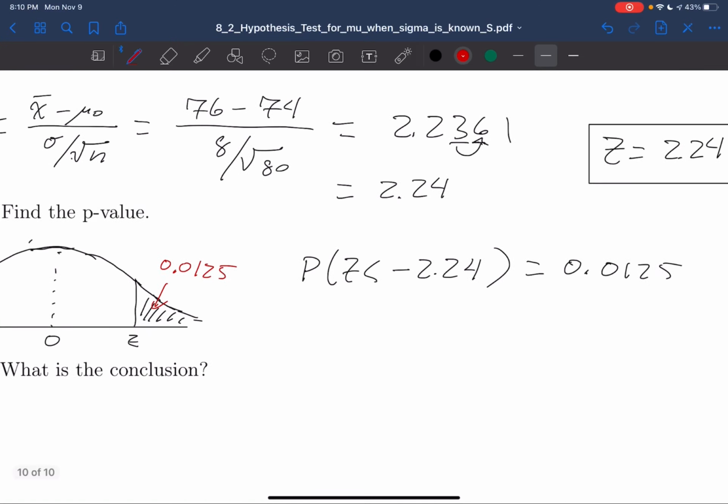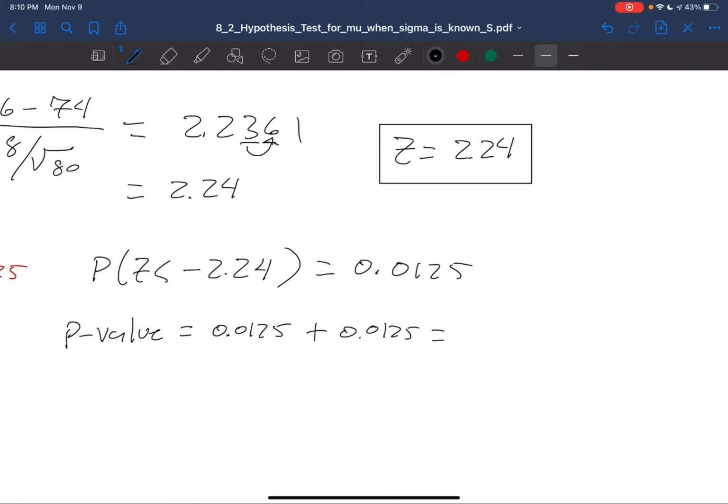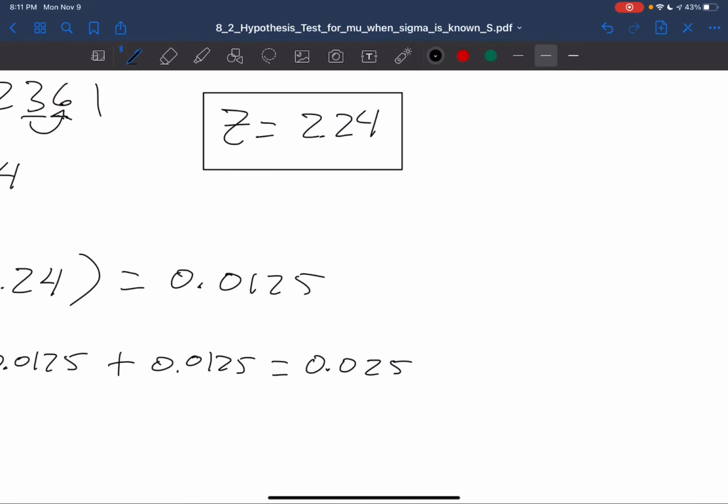So our p-value is going to be equal to 0.0125 plus 0.0125, which is 0.025. So just to make it clear, our p-value is equal to 0.025. And let me just box this in.